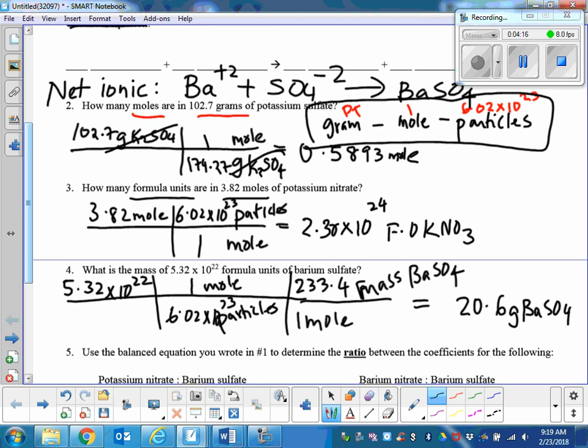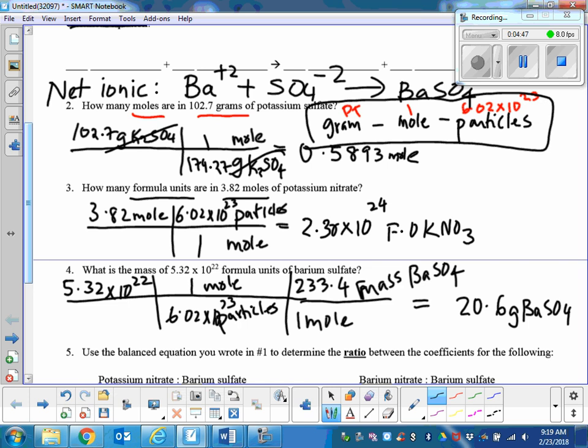Okay? So far, we only converted mass into moles or into formula units when we were given one single substance. Are you with me? This is very, very important that you understand this. We were only working with how many substances? 1. Now we're going to go from 1 substance to 2 substances.